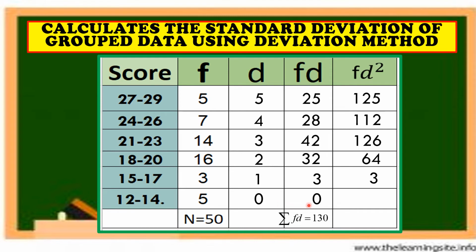And 0 times 0 is 0. Then, we will find summation of FD squared. So, we'll find the sum of the following: 125 plus 112 plus 126 plus 64 plus 3 plus 0, and that is summation of FD squared. What is our answer? Our answer is 430.